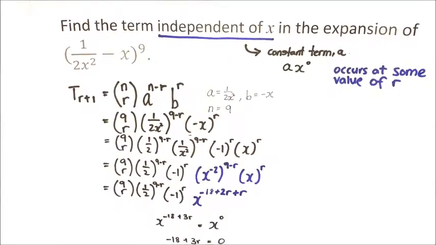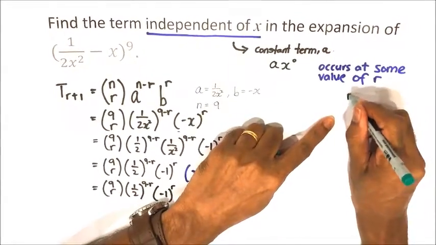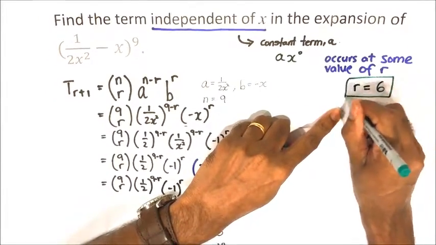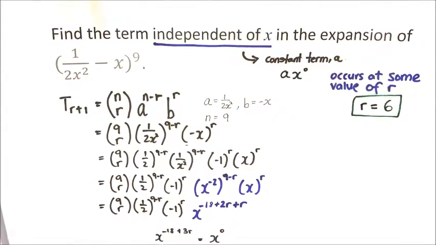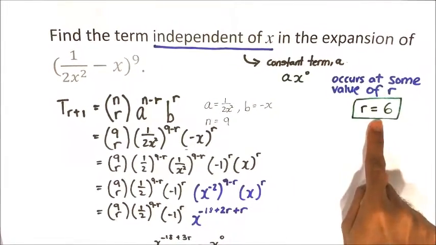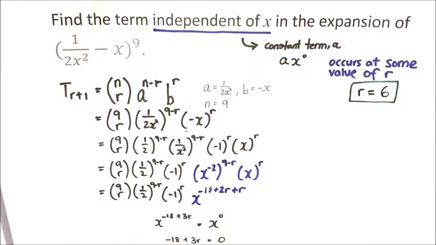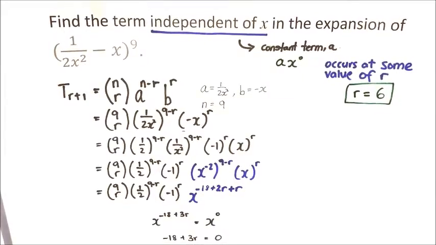This tells us the term independent of x occurs when r is equal to 6. So we can find the constant term by putting r equal to 6 in any of these expressions over here. But let's use the last expression because it's in the most simplified form.